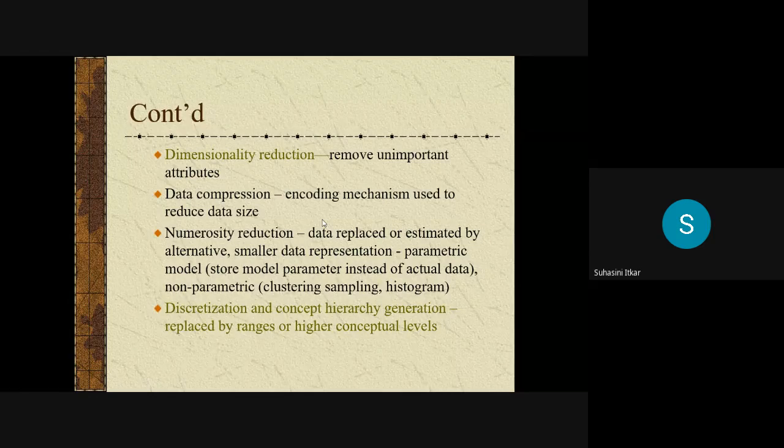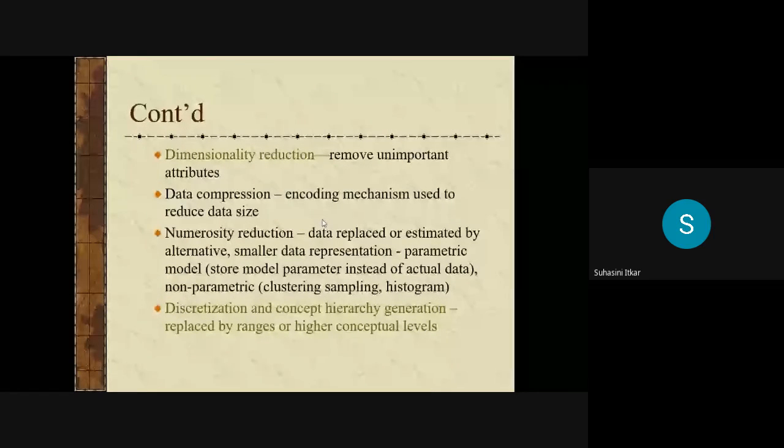In the original database, the income values may be, for example, 10,000 values, but when we compress the data using a certain encoding mechanism, those 10,000 values may be converted into only 1,000 values.